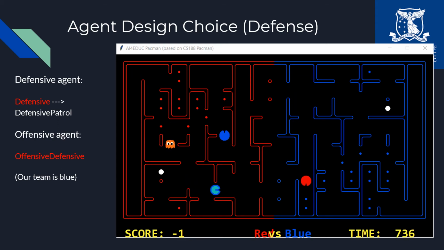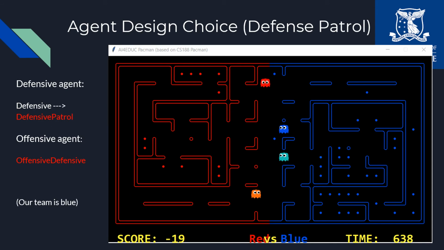The defensive strategy is intended for increasing the success rate of defending, because it does not help to let two agents follow the same enemy. If our team has a clear lead, two agents will turn into defense patrol mode, which patrols at the midline and seeks enemies if necessary.